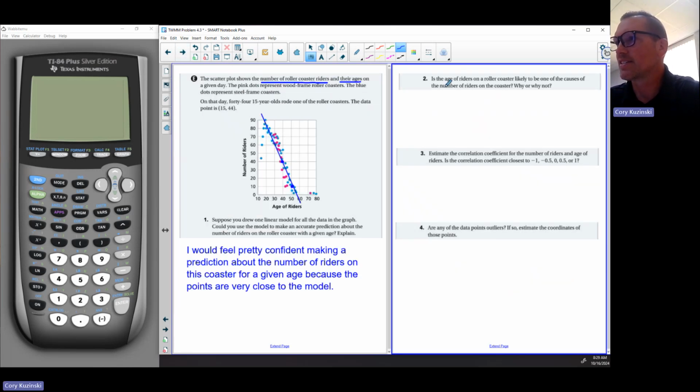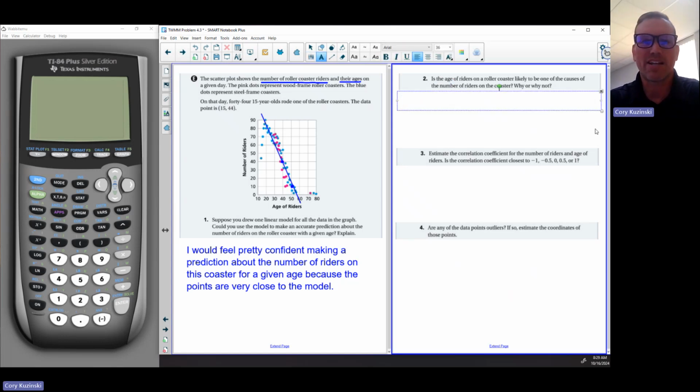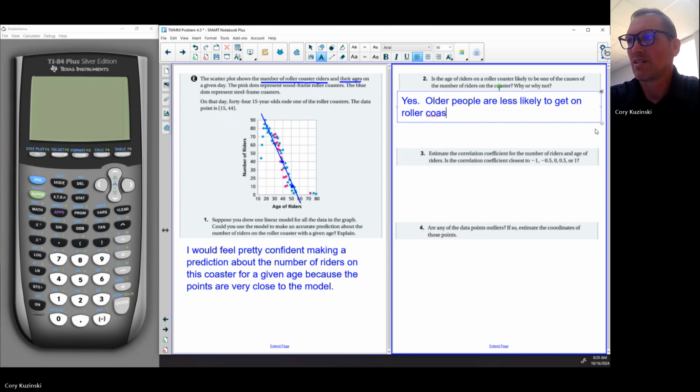Okay, is the age likely to be one of the causes? See, this is weird. Yeah, probably. I'm going to say yes. Older people are less likely to get on roller coasters.